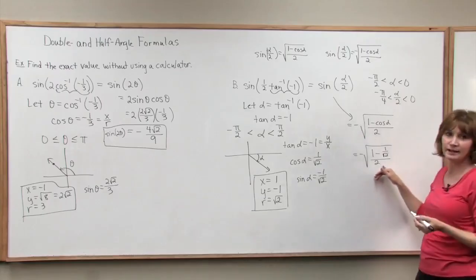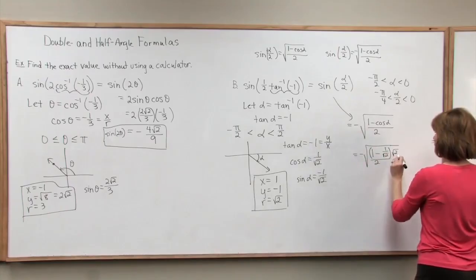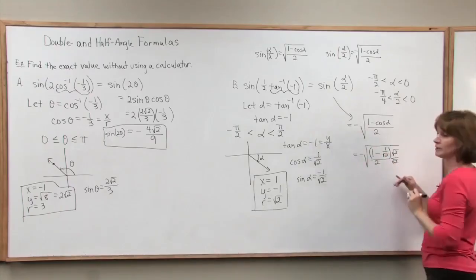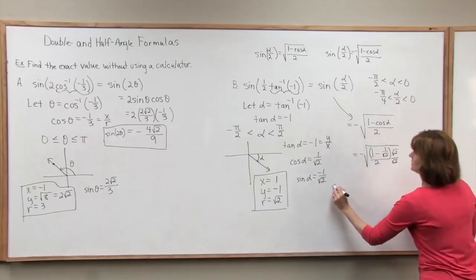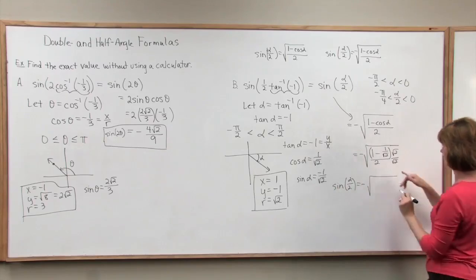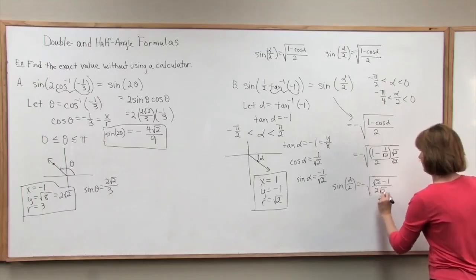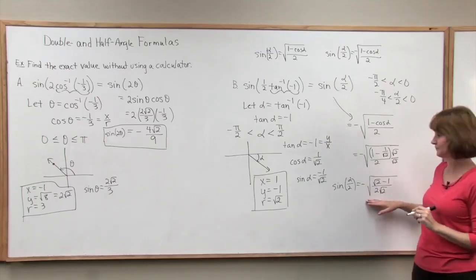And once again, since we have a complex fraction, we need to simplify by multiplying by the square root of 2 over the square root of 2 underneath the radical. So the sine of this alpha over 2 is what? Let's see. Be the square root of 2 minus 1 over 2 square roots of 2.